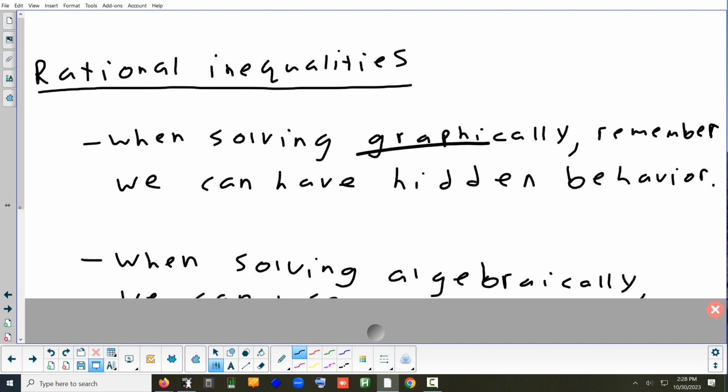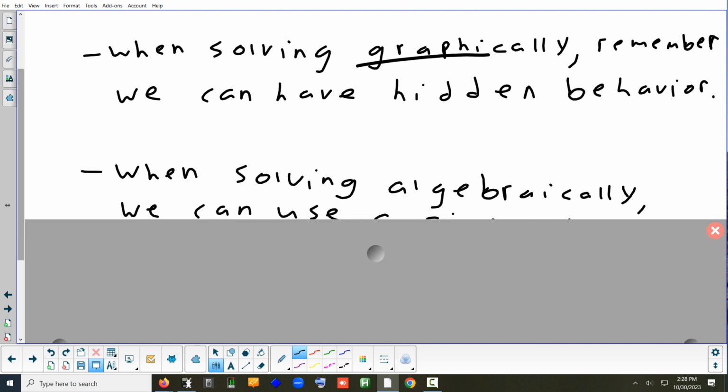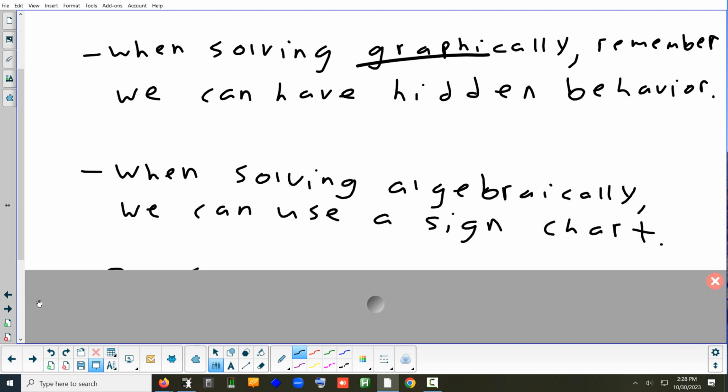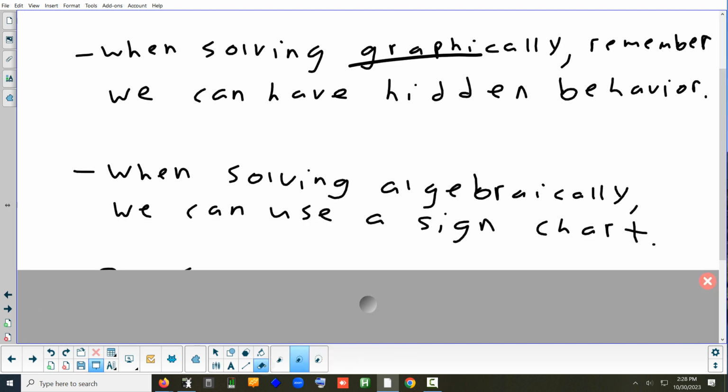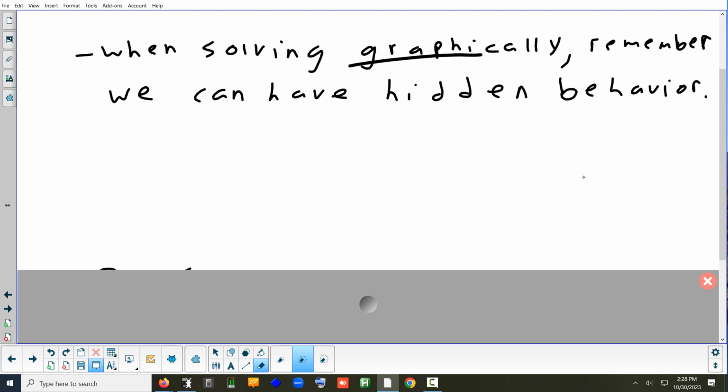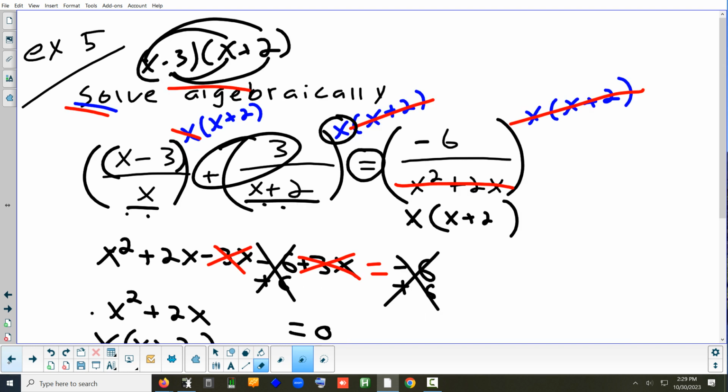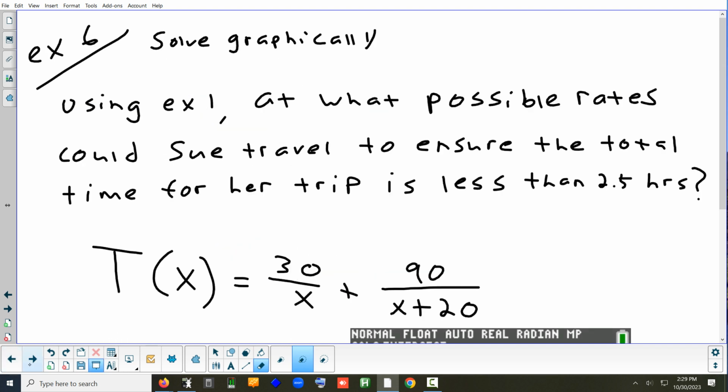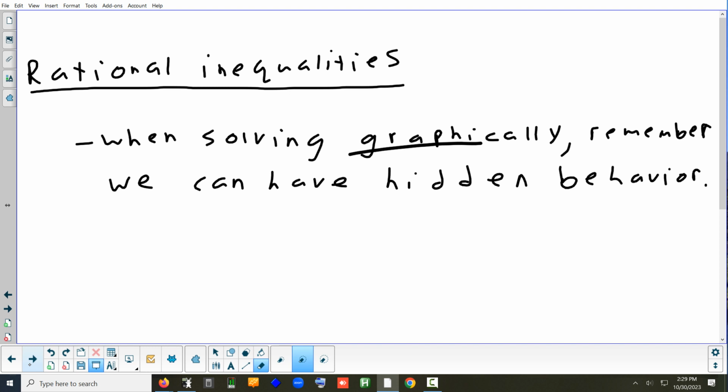But you always should zoom out to check for hidden behavior. So any problem in the homework that's about an inequality, if it says to solve it algebraically, you can solve it graphically. The only ones you have to do algebra with are the ones that are equations.